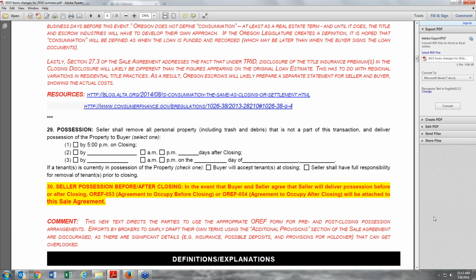Oh, and you'll see down at resources a pretty good explanation by the American Land Title Association. That's at the blog by ALTA, and they just go to town on TRID on this.